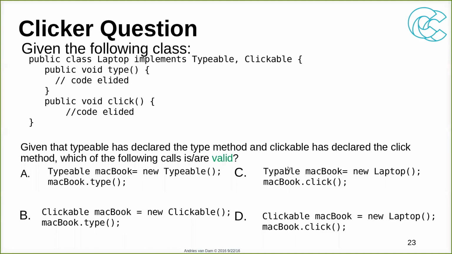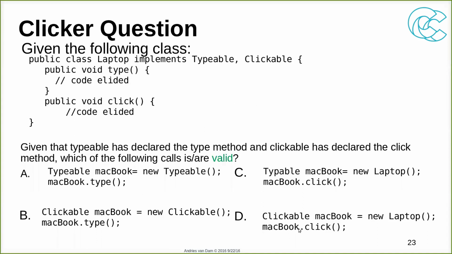So let us look at C and D. In C, you have typeable MacBook, and you are assigning an instance of a laptop to it. You are calling the click method on it, but again, the visibility of typeable is only up to the methods that are declared within typeable, and in this case, it's only type. So this is wrong.